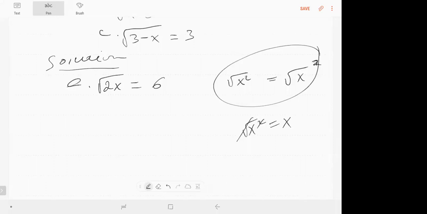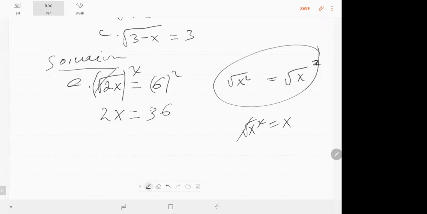So now let's go back to the solution part. To solve the square root equation the square root of 2x is equal to 6, we are going to square both sides of the equation. The square cancels out the square root, so 2x is left, and 6 squared means 36.